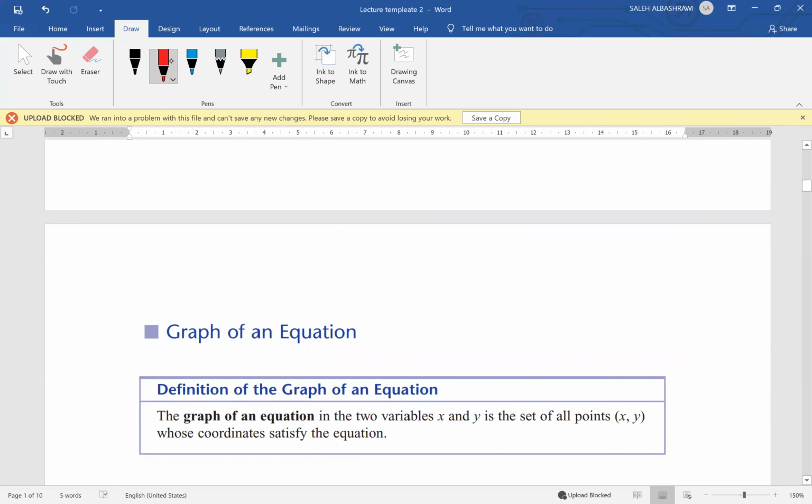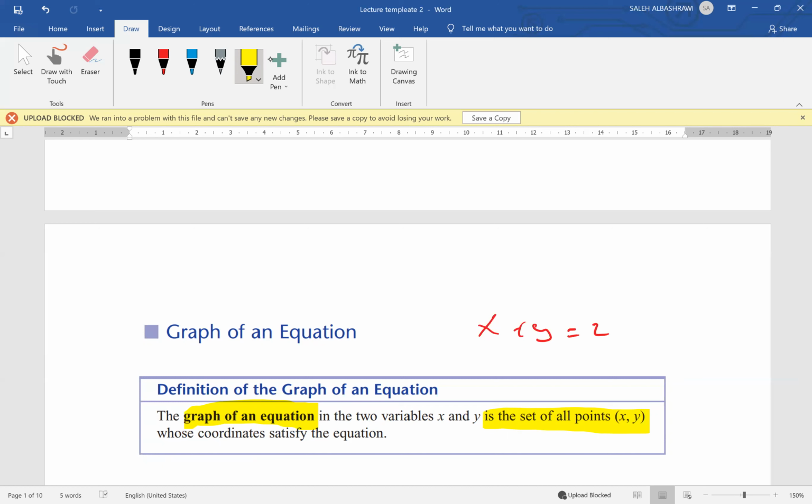The second part will be the graph of an equation. Suppose that we are given an equation, x plus y equal to 2. This is an equation in 2 variables, and we need to sketch or graph the equation. The graph of an equation in the 2 variables, x and y, is the set of all points (x, y) whose coordinates satisfy the equation.